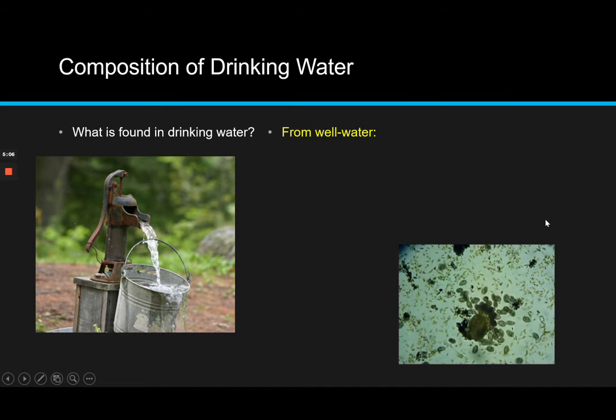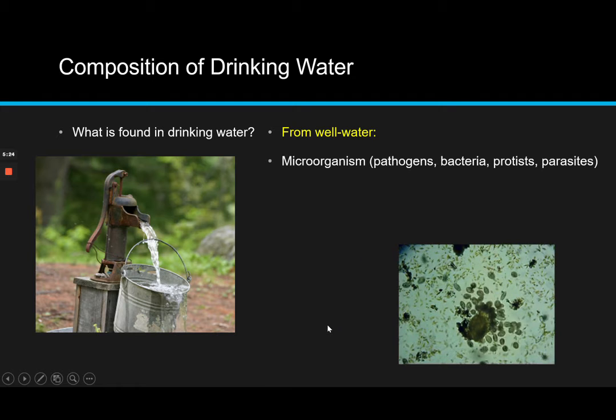So let's look at what you might get from drinking groundwater, or better known as well water. So if you have a cabin somewhere and you don't have actual plumbing and running water, and you have to get your water from the well, well, here are some things that it might contain. You have a pretty good chance that it would contain some microorganisms.